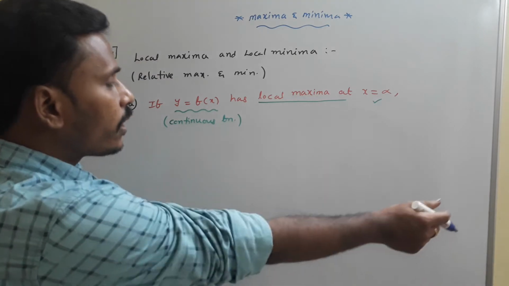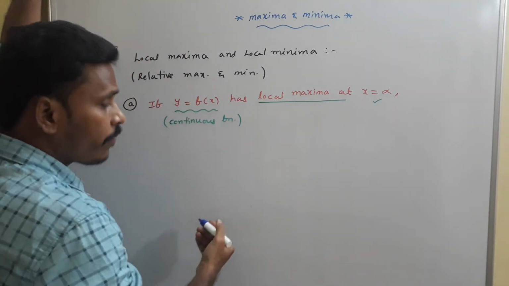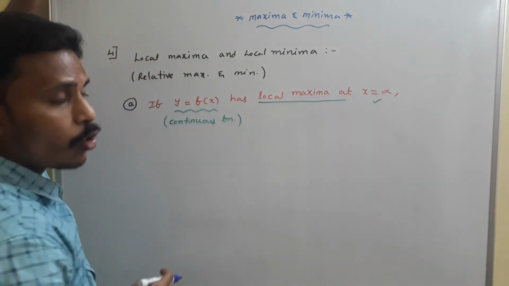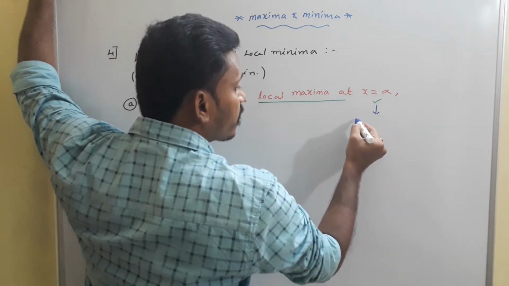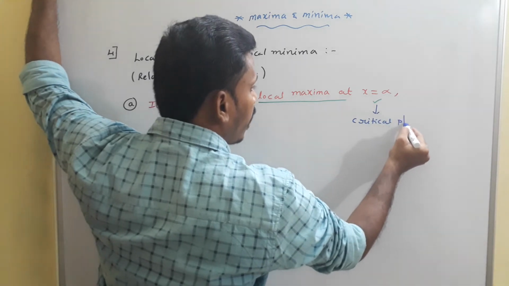Is it right? Okay. So I have a continuous function and it has local maxima at x is equal to alpha. Then the possible diagram may be like this. You just have a look. Since the function has local maxima at x is equal to alpha, this x is equal to alpha is a critical point for that function, as we discussed in the last class.